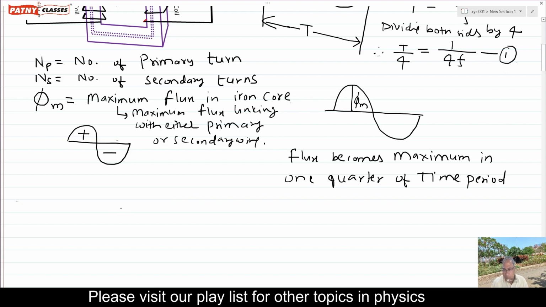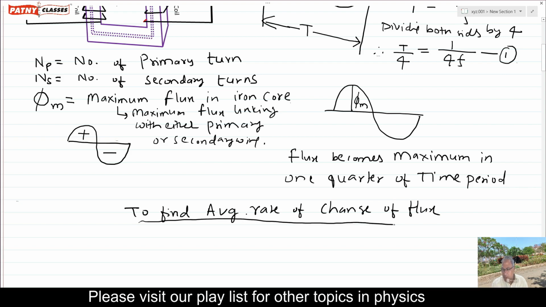Now, the next step is to find the average rate of change of flux. Now we'll find out the average rate of change of flux.